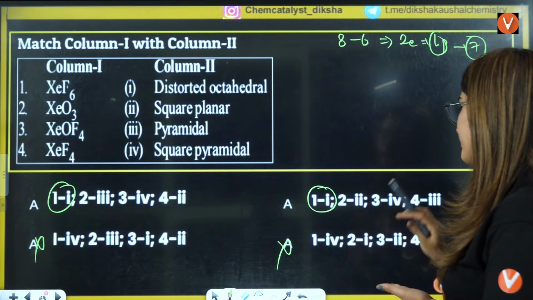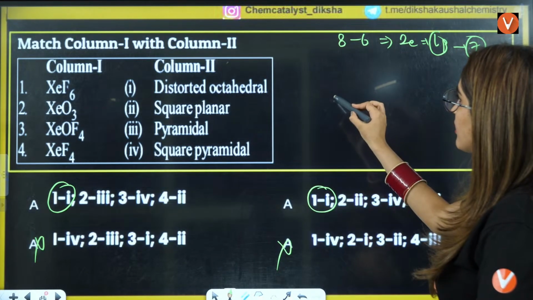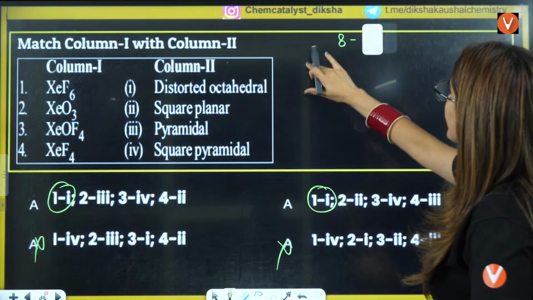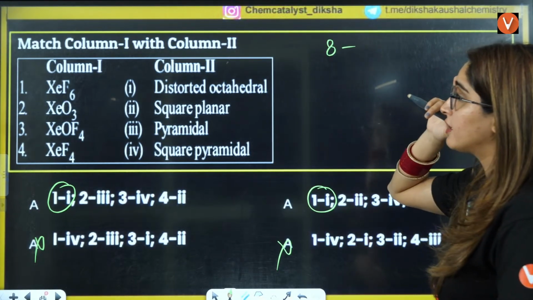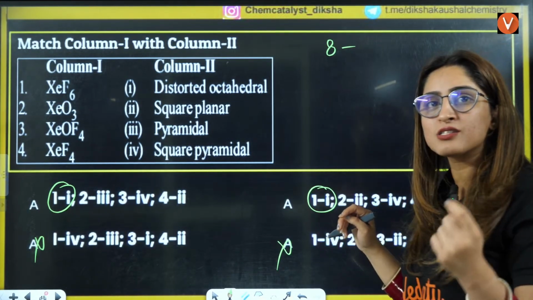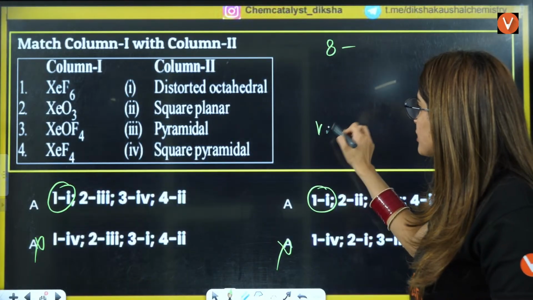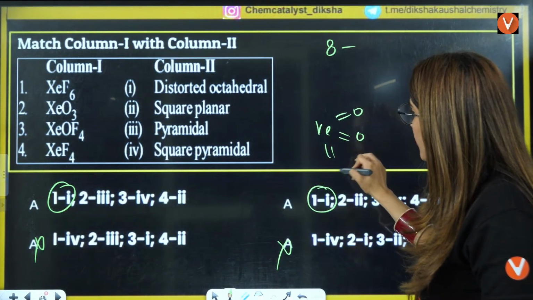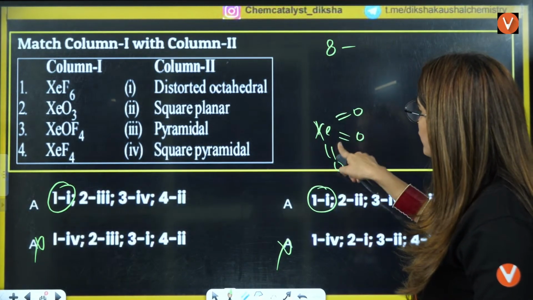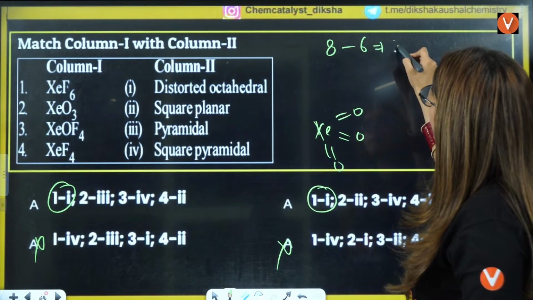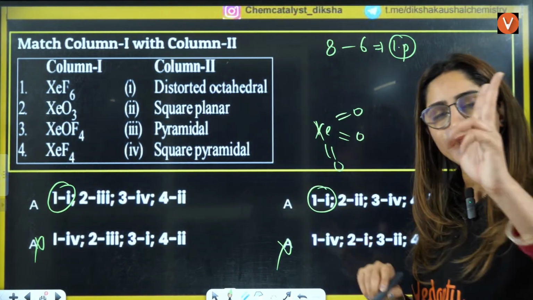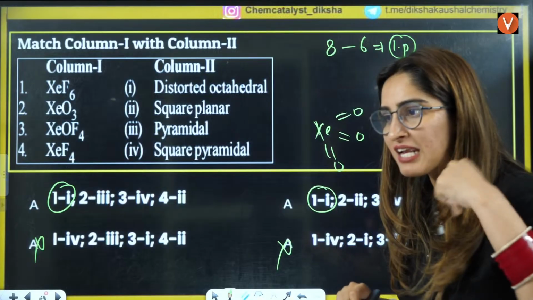Second, you will have either 2 or 3, let us see. XeO3: again, outermost electrons are 8. Oxygen is always double bonded, so it will be double bond O, double bond O, double bond O. Total 6 electrons are used. That means again 1 lone pair, because 2 electrons will be left behind which are unshared.